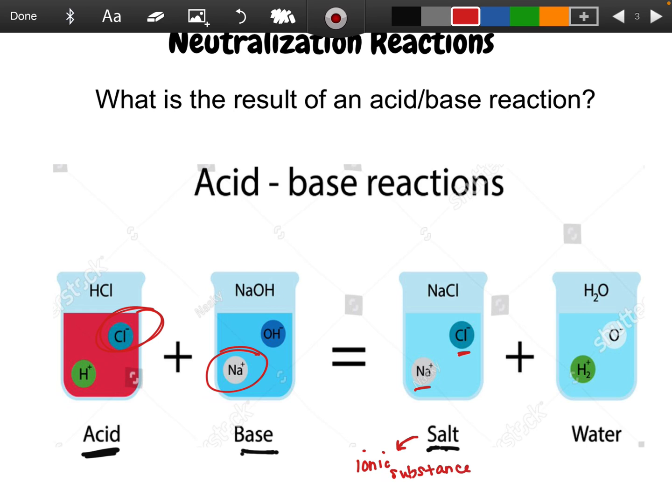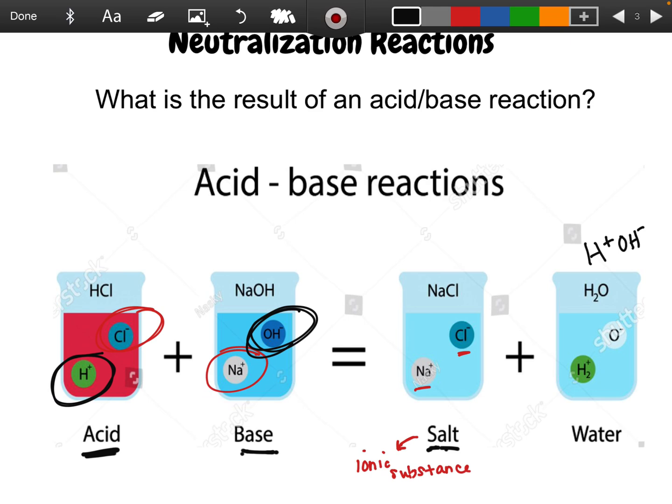And then the water. If you look at the picture, in the HCl you have these hydrogen ions, and in the NaOH you have the OH minus ions. If you have H plus and OH minus, if you combine those two, that's where you get your water from. Those are how the ions rearrange themselves in this chemical reaction.